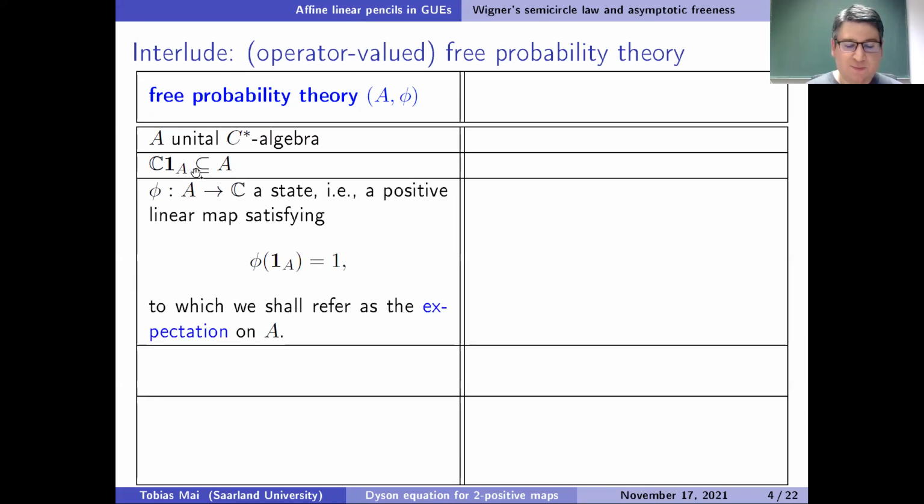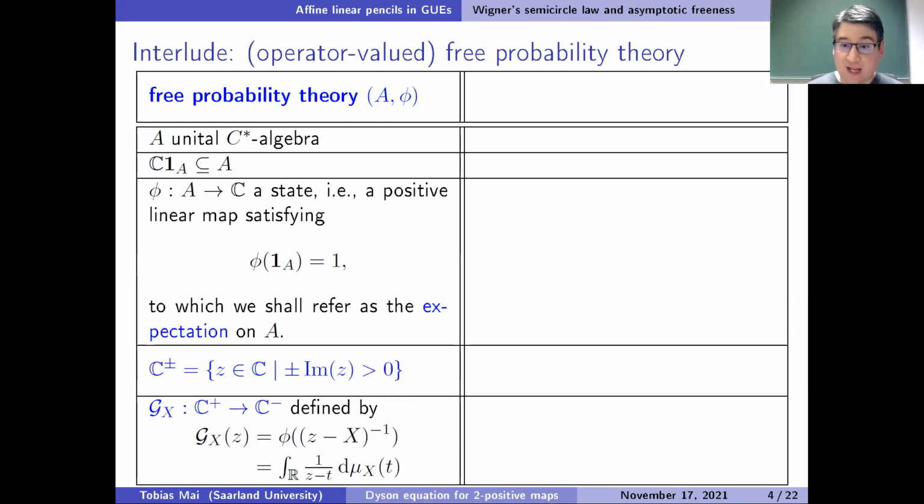And the phi, as I said before, is the replacement of the expectation. And in our situation, in the case of a C-star probability space, we require this phi to be a state, namely a positive linear map satisfying the normalization that the identity in A is sent to 1. And we refer to this as the expectation on A.